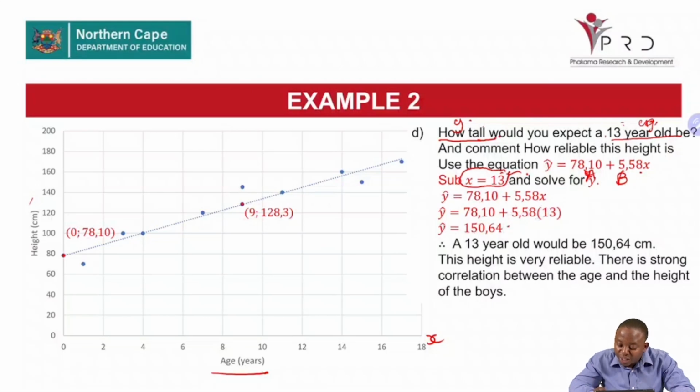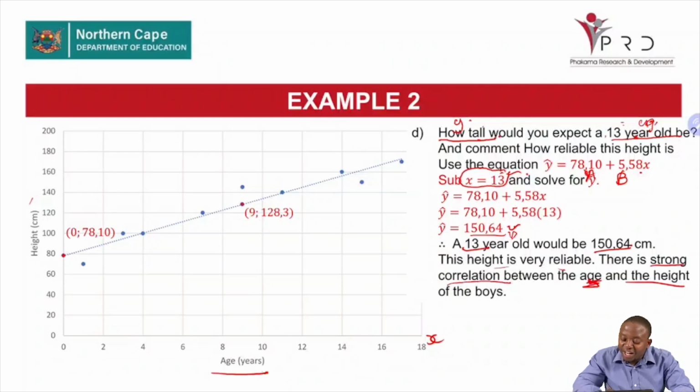Now we interpret to say y is the height, so this is the height of this 13-year-old boy. A 13-year-old will be 150,64. This height is very reliable. So you can see, even if you go and check, there's a strong correlation between the age and the height of the boy.